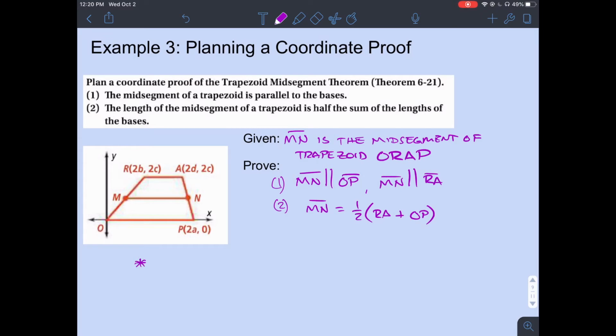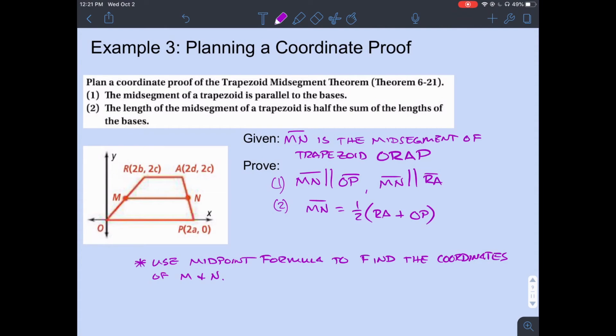So the first thing we need to do is find the points M and N. If we're going to prove that these are parallel, then we need to know the coordinates of M and N. So the first step is to use the midpoint formula to find the coordinates of M and N. So that's the first step.